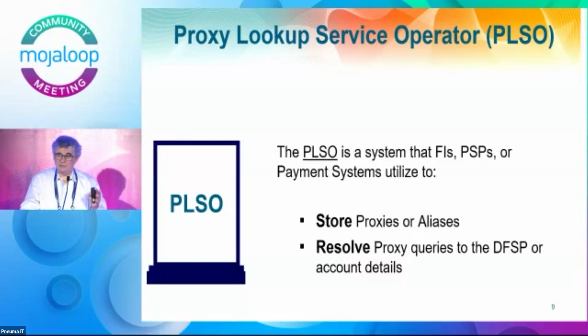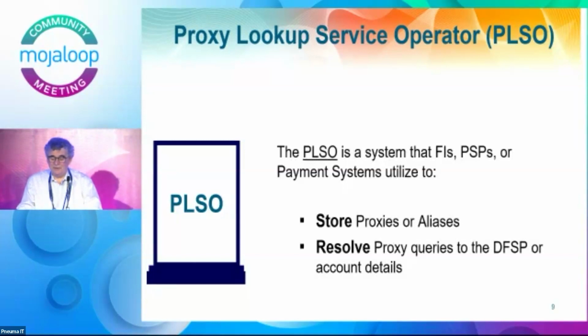There are directory systems in the world which are used by payment systems, which are not themselves part of the payment systems. And one of the other things that we would like to be able to do is to treat those directory systems in the same way as the directory systems which are embedded in payment systems. So we start with the idea of a proxy lookup service operator.